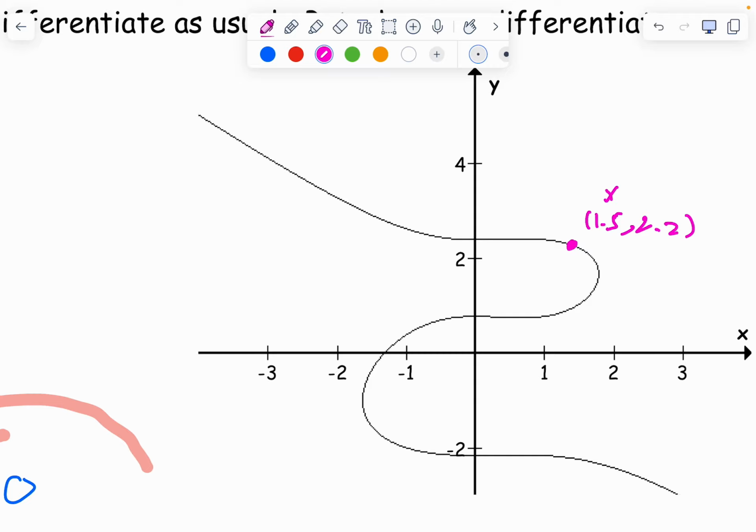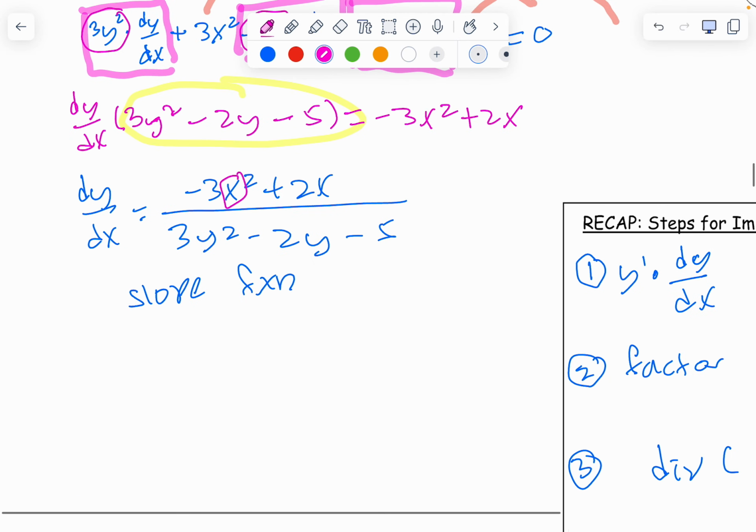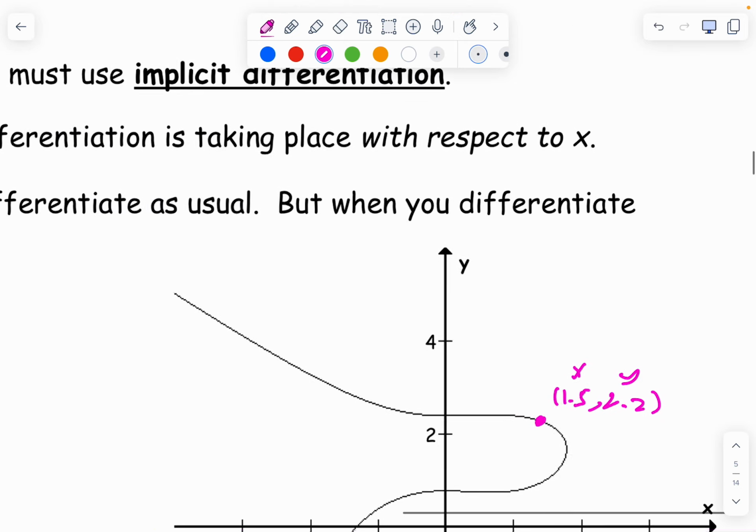That's my x and y. When I plug that into my slope function, meaning anywhere I see an x, I plug in 1.5. Anywhere I see a y, we plug in 2.2. You're going to actually get this result. Your slope is going to equal negative 0.7.